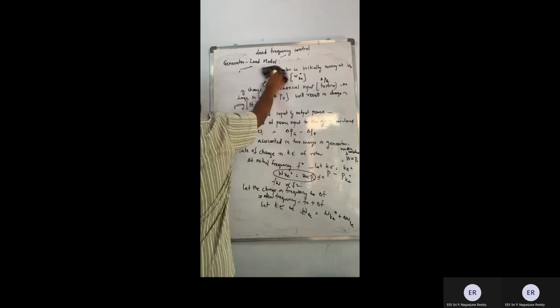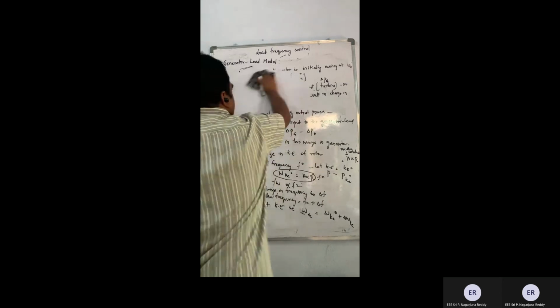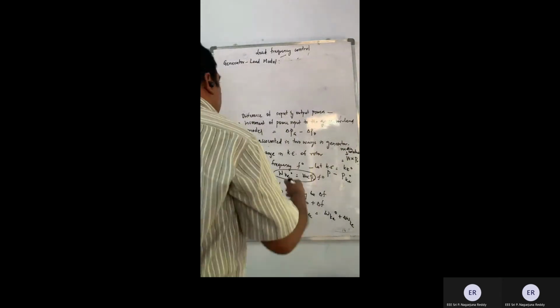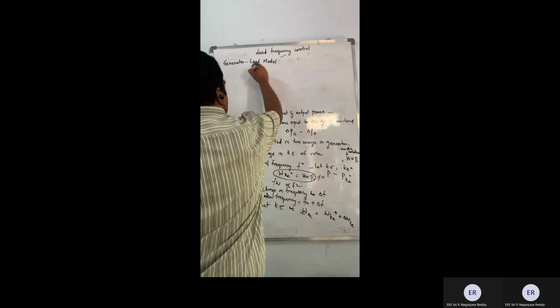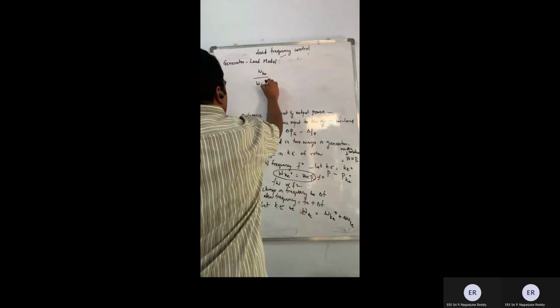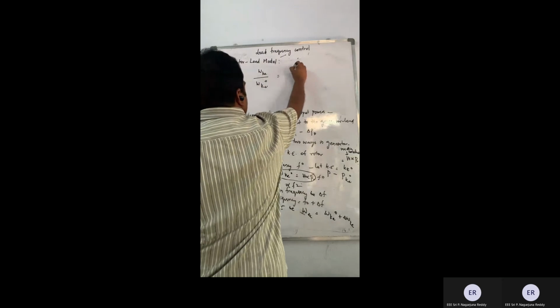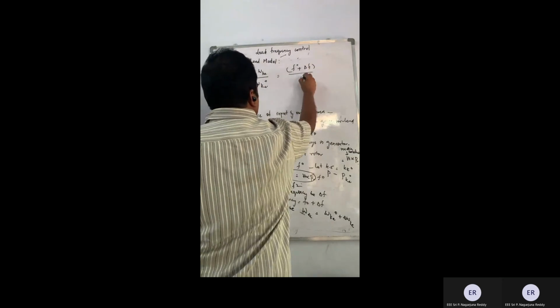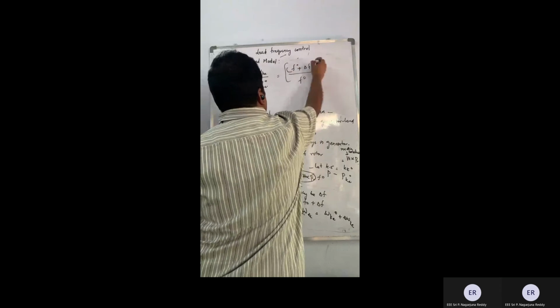So how to relate these two? WKE, this is the new value, by the old value K0. This is going to be F0 plus delta F by F0, whole square, isn't it?